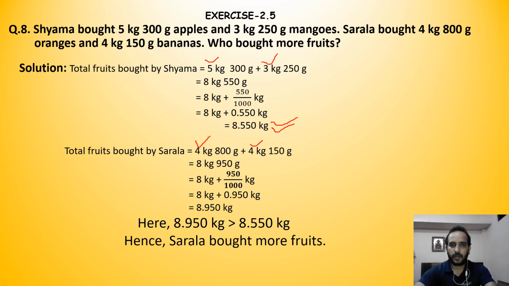So we have got 0.950 kg, so here we have 8.950 kilogram. So we compare both the masses of the fruits. We see that 8.950 kilogram is greater than 8.550 kilogram. Hence, Sarla bought more fruits. By comparing their masses of fruits, we found which lady has more fruits. So the answer is Sarla.